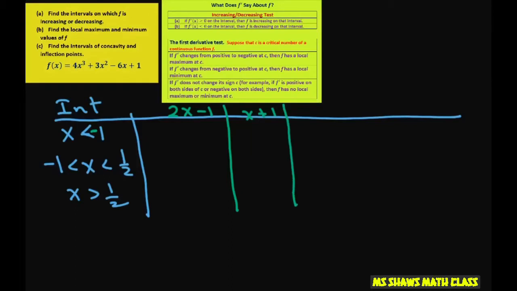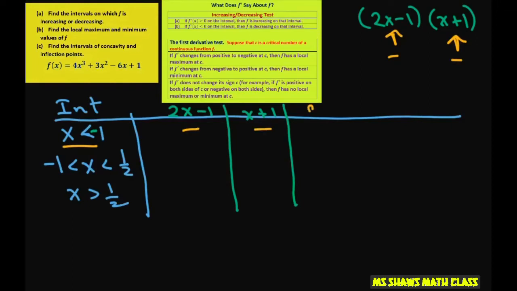And what we're doing is looking at 2x minus 1 and x plus 1, and we want to know where it is positive, where it's negative. So if I put in a value less than negative 1, so if I put negative 2 in here and a negative 2 in here, this is going to be negative, this is going to be negative. That's all I'm doing.